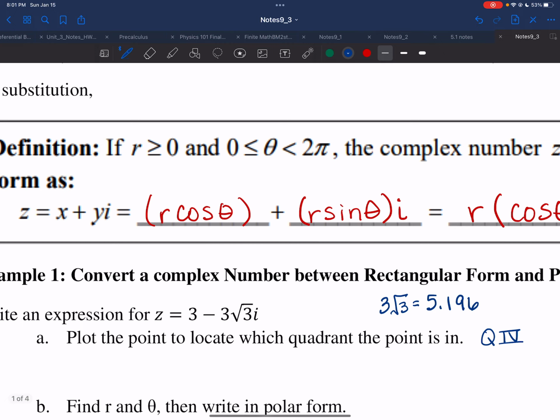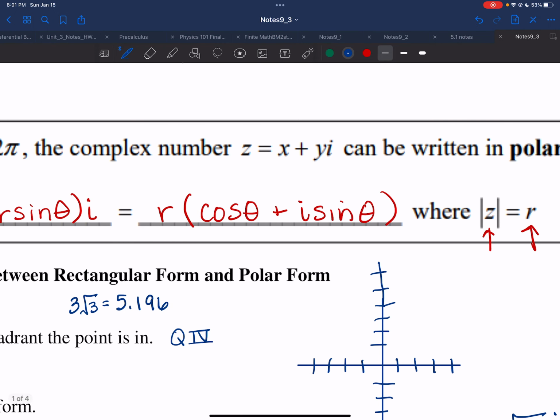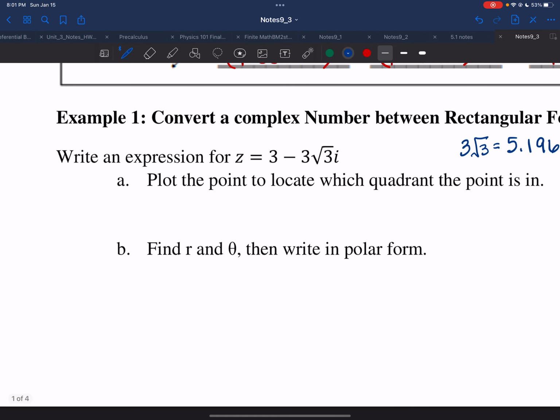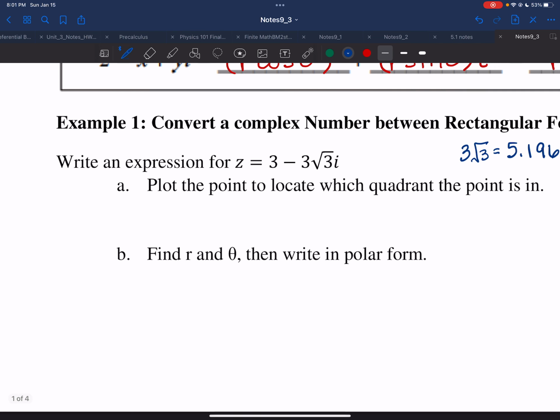Now remember, my polar form is this right here. So I'm going to go ahead and find r, which is going to actually also equal |z|. It's going to be the square root of 3 squared plus (3 root 3) squared.